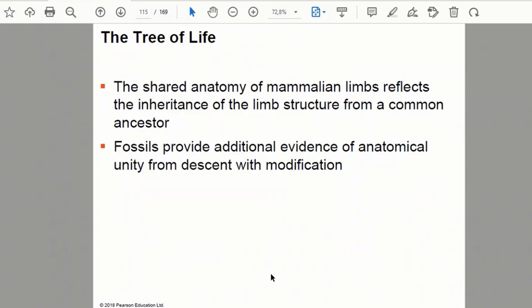Then when we go to the tree of life, the shared common anatomy, for example in mammalian limbs, reflects the inheritance of the limb structure from a common ancestor, because these are the two concepts that Darwin explained.